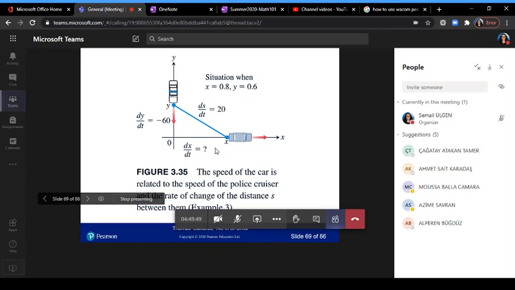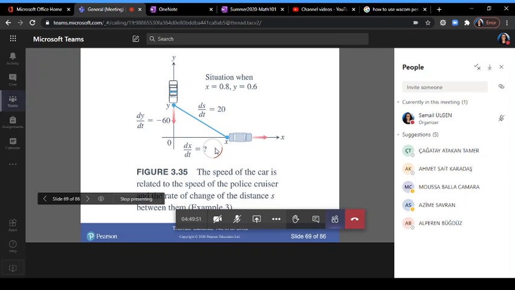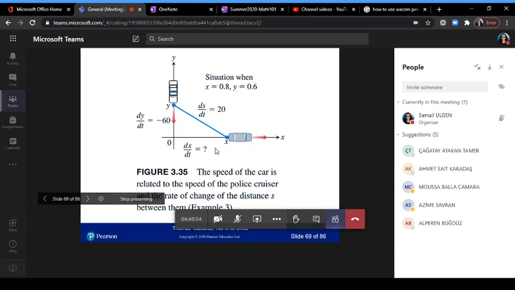We are also given the distance between the police car and the car it's chasing, which is s, and ds/dt, the rate of change of the distance between the two cars, is 20. It's also given. So we have x is 0.8, y is 0.6, and s is going to be then, let's see, just a second, s will be 1, I'm sorry.